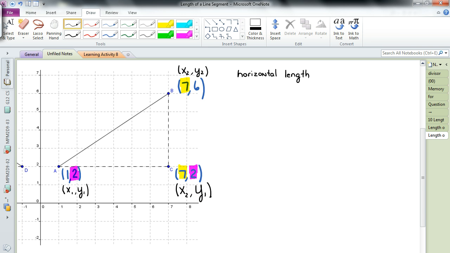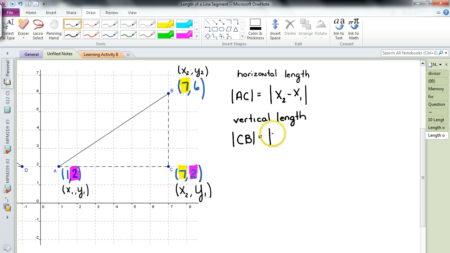So now, the horizontal length AC can be written as the absolute value of x2 minus x1. And the vertical length, which is CB, can be written as the absolute value of y2 minus y1.